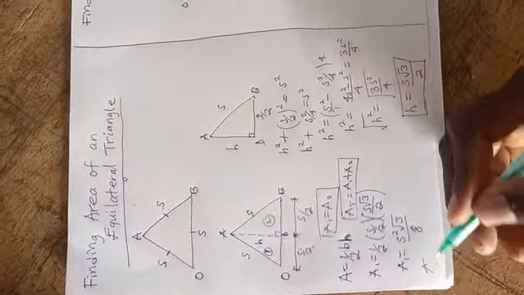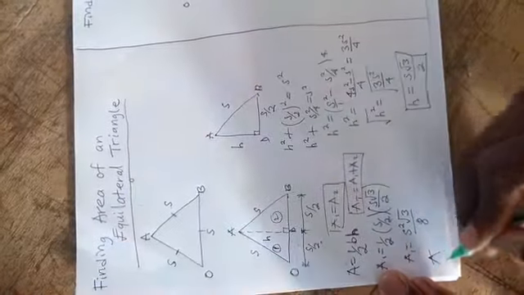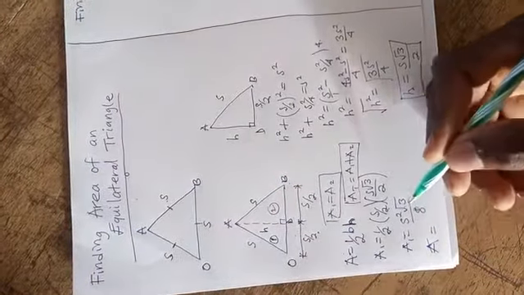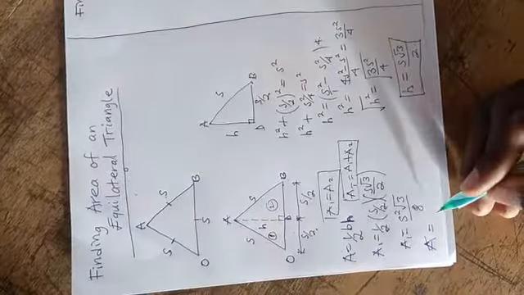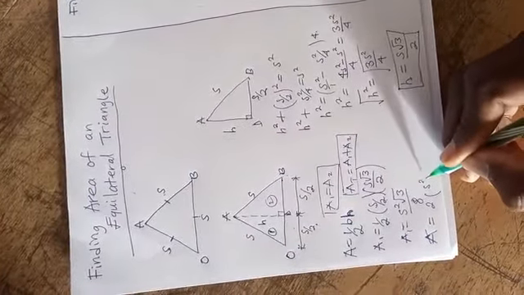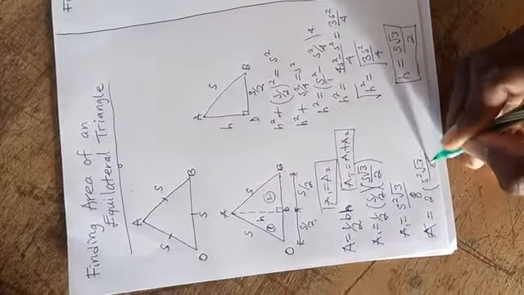So the total area of this triangle here will be nothing else but 2 times area 1, which is 2 times S squared root of 3 over 8.